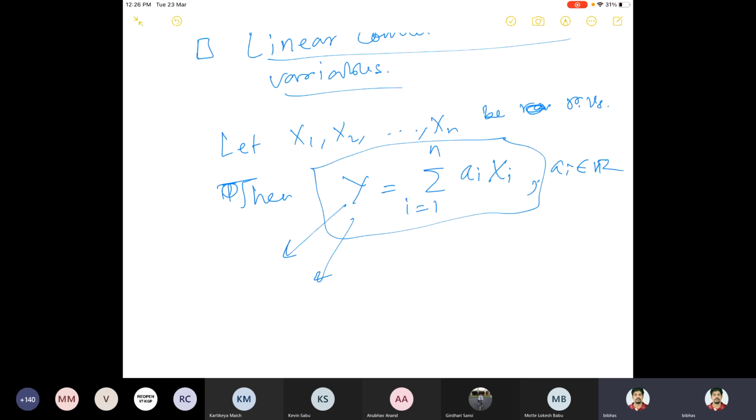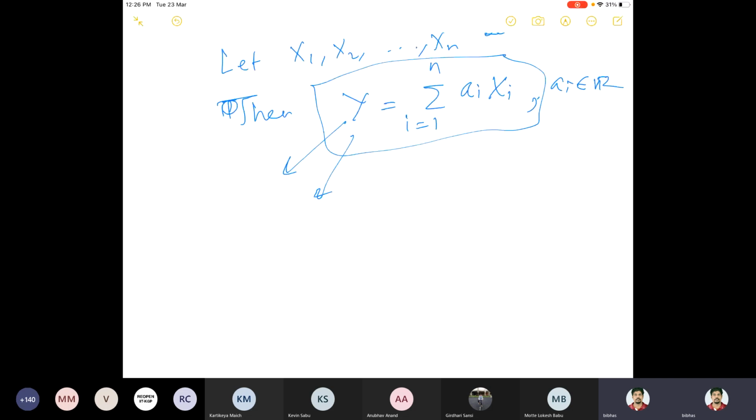Without any proof, we can just say that E of y, the mean of y, is, because expectation is a linear function, the sum over ai times E of xi. We talked about that earlier when we introduced the concept of expectation. Otherwise, you can just use the definition of mean and immediately see this. So i equal to 1 to n.